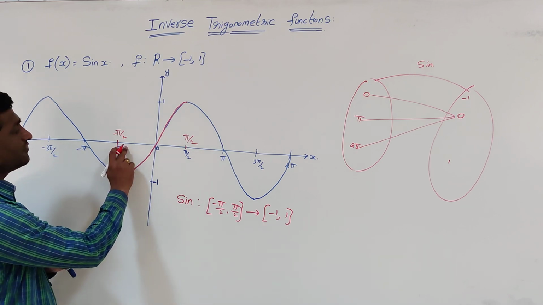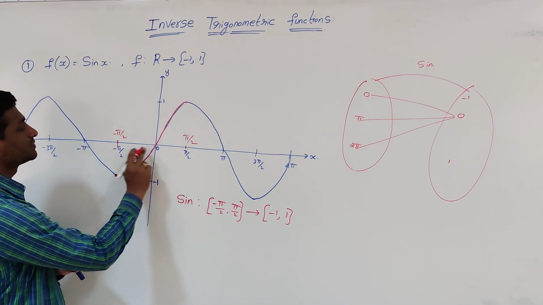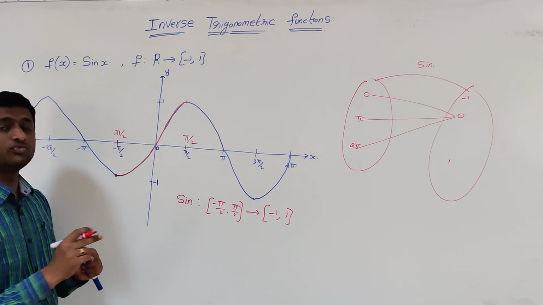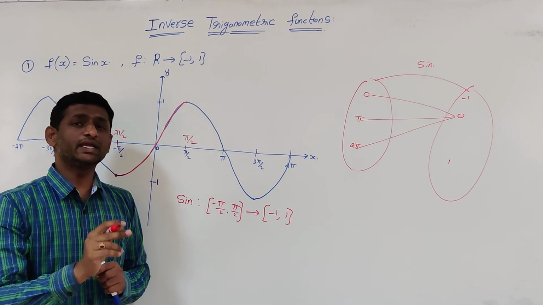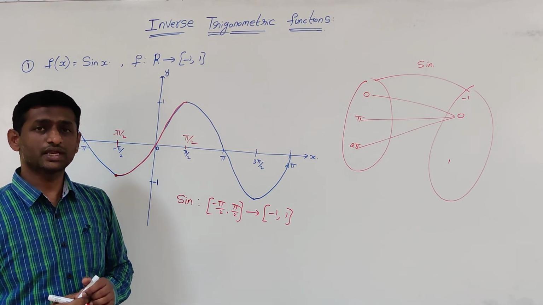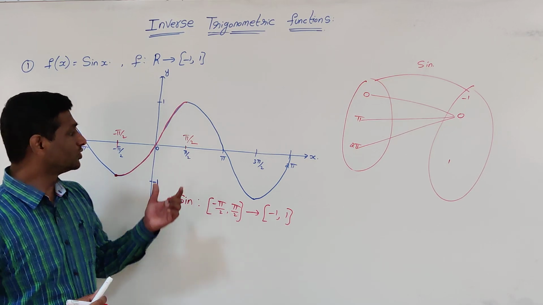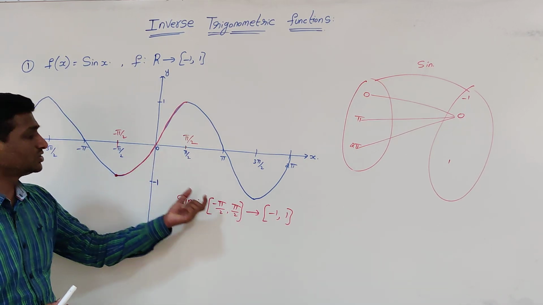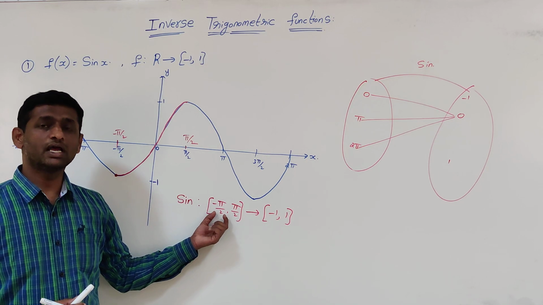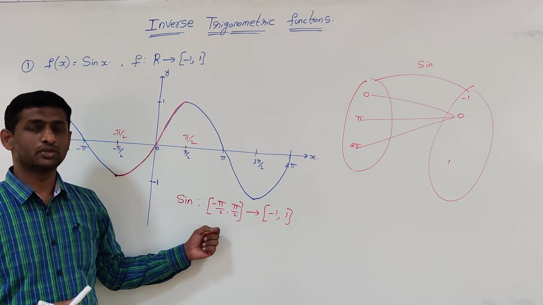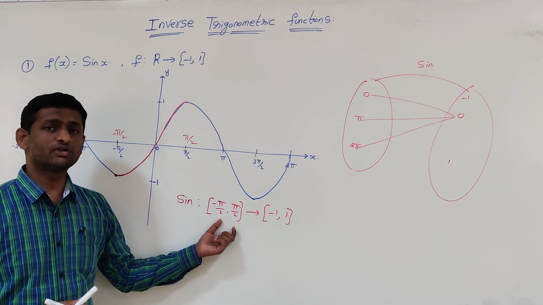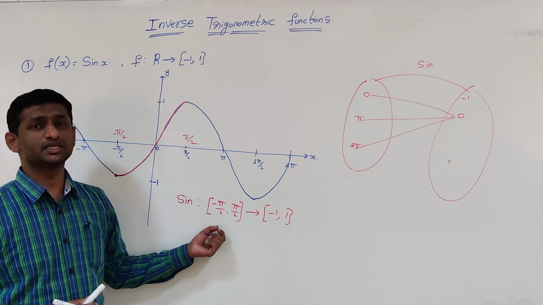Every element from minus pi by 2 to pi by 2 will map to a unique element in the range. So this function becomes 1-1 as well as onto.